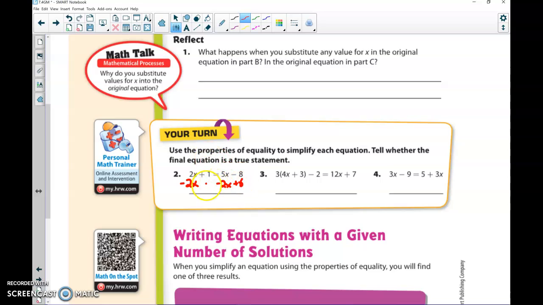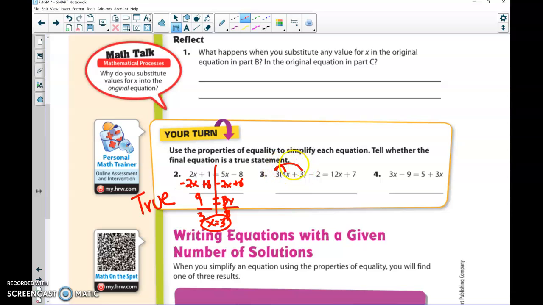So I end up with 9 equals 3x. Divide both sides by 3, and x is 3. So yes, it is a true statement. Kind of weird to say for a one solution problem, but yes, x does equal 3. That is true.